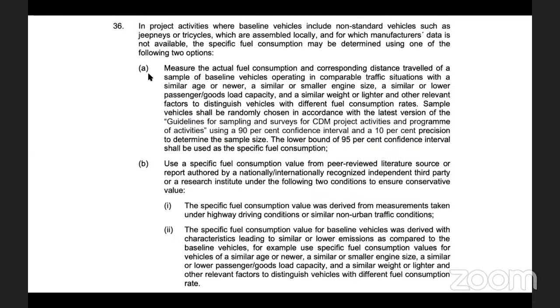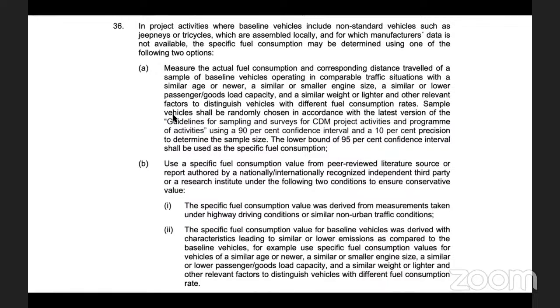A. Measure the actual fuel consumption and corresponding distance traveled of the sample of baseline vehicles operating in comparable traffic situations with a similar age or newer, similar or smaller engine size, similar or lower passenger goods load capacity, and a similar weight or lighter, and other relevant factors to distinguish vehicles with different fuel consumption rates.